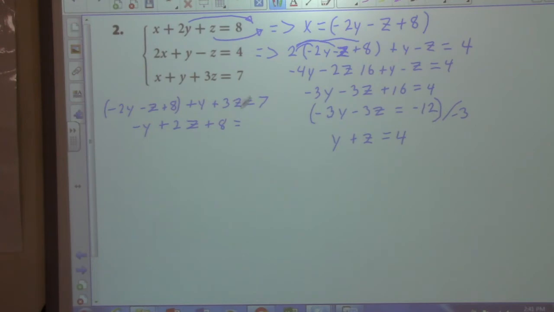That's not 32, that's 3z. I got caught by my mistake. Okay, then what? Subtract 8. So we have negative y plus 2z is equal to negative 1.